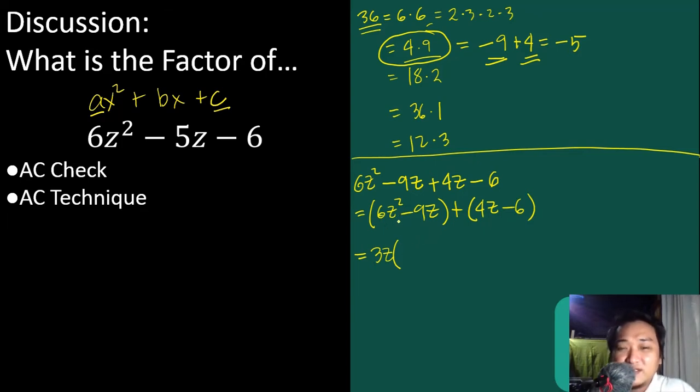Okay, so let us divide 6z squared divided by 3z. 6 divided by 3 is 2. Z squared divided by z is just z. Minus 9 divided by 3 is 3, and z divided by z is 1.